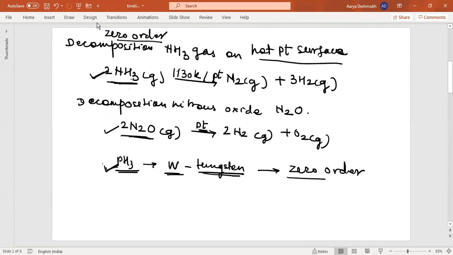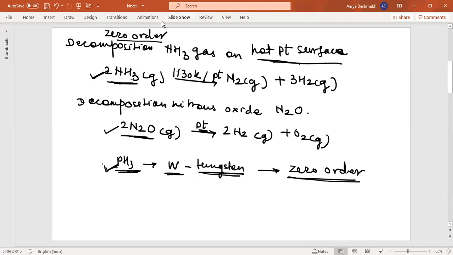So when you observe some common things about this, it needs some surface for the completion of the reaction, and that is why its rate is independent of the initial concentration of the reactant. So this is the way we discussed the half-life, graphical representation, and some of the examples of the zero order reaction and their integrated rate law equation, and the units of K for the zero order reaction.